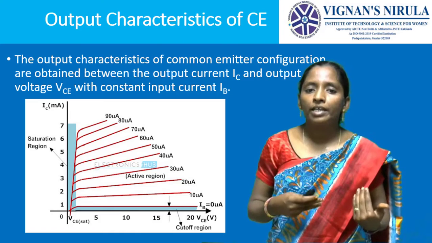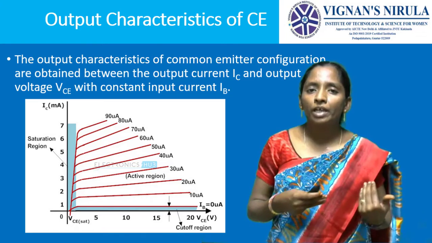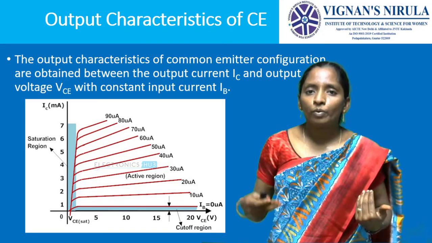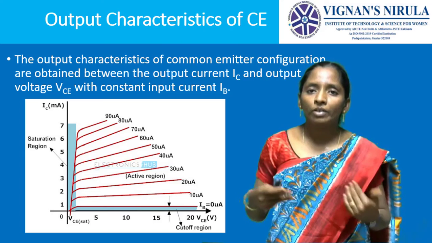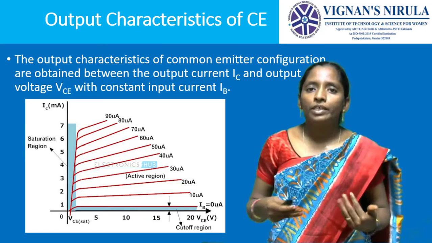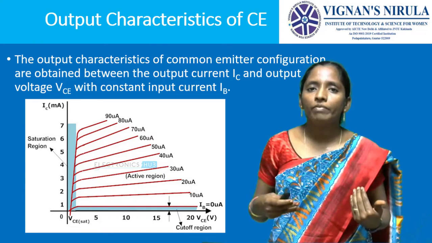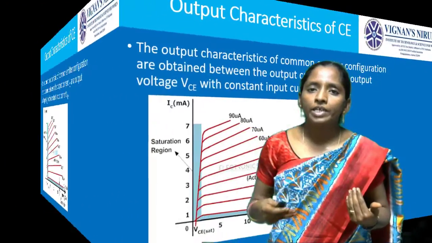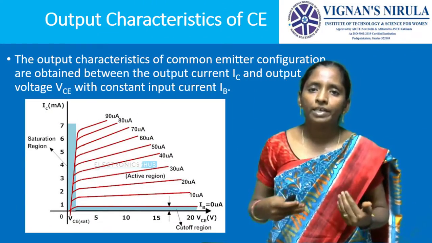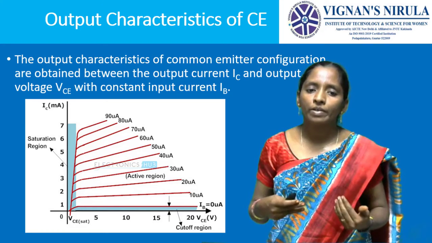That is, here the input current is IB. So keeping the input current constant, vary the output voltage VCE and note down the corresponding output current, that is IC. Take different values of readings. After that, change the VCE value to a different value, and take the readings. Repeat the same procedure. So take the readings for different values of IB.